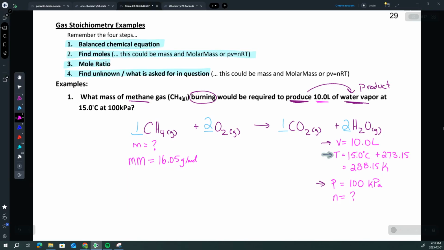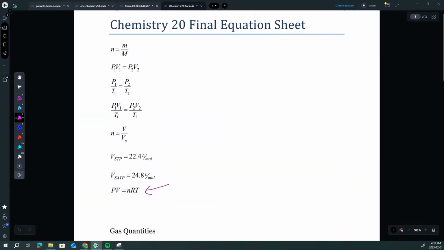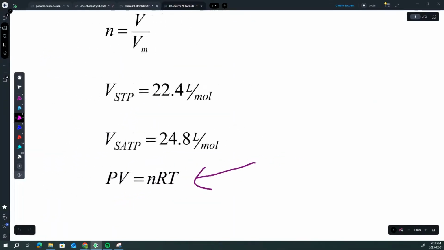So how we choose our formulas is you have to look at what you're given in the question. For this section, I'm saying to myself, okay, I've been given volume, temperature, and pressure. I know I need to find moles. The reason why I should be using PV is equal to nRT is because we do have pressure, we have volume, and we're trying to figure out what moles is.